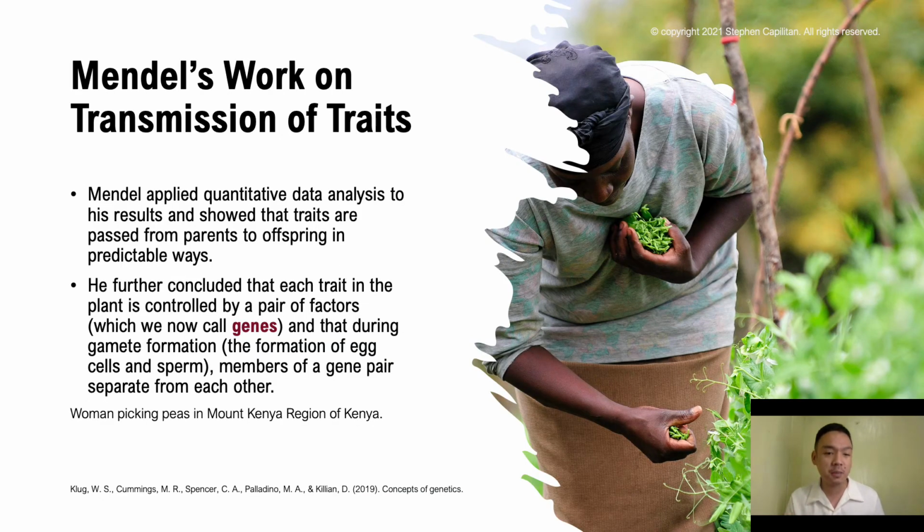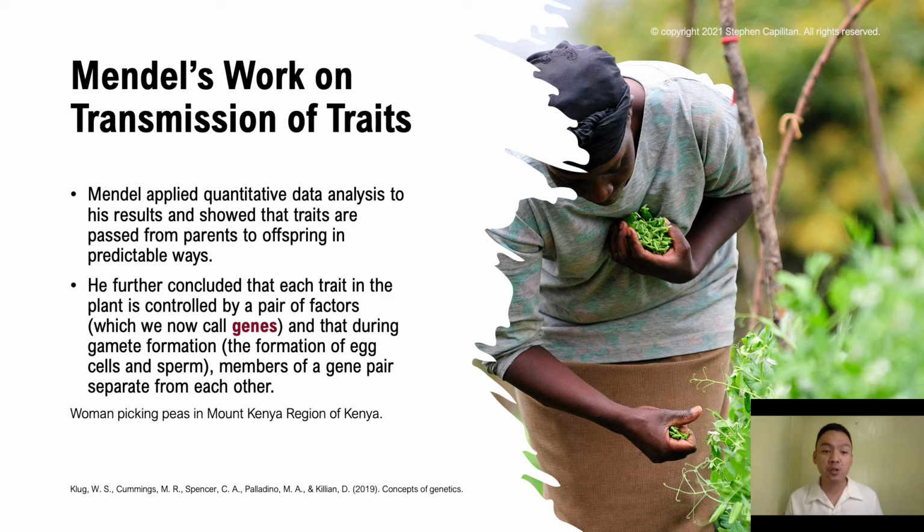Mendel's work on the transmission of traits was the highlight of this part because Mendel applied quantitative data analysis to his results, showing that traits are passed from the parents to offspring in predictable ways, because of the ratios that he proposed.